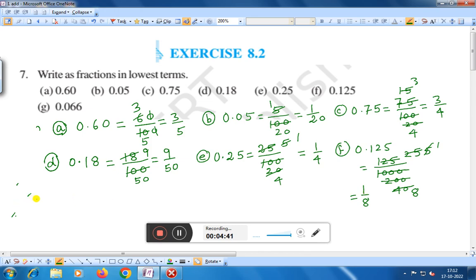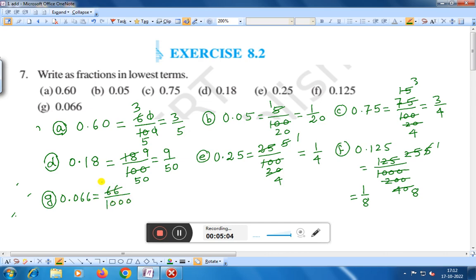And G is 0.066. It can be written as 66 by 1 and after the point 3 digits, 3 zeros, 1, 2, 3.